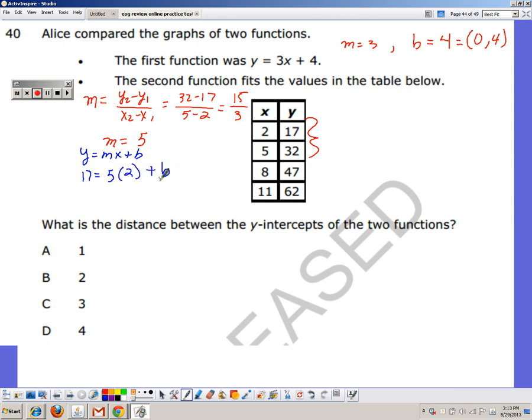So 17 equals 5 times 2 plus b. 17 equals 10 plus b. To find b now, all I got to do is subtract 17 minus 10. So b is 7. Okay? And in my first function, b was 4. Now it's 7. So the distance between the two is 3, which is C.